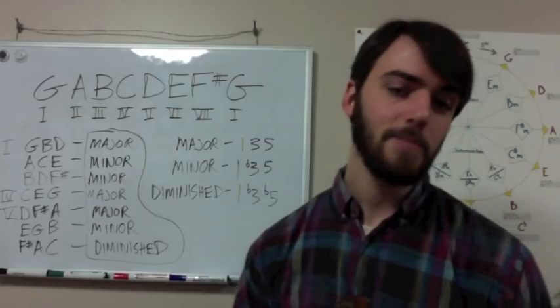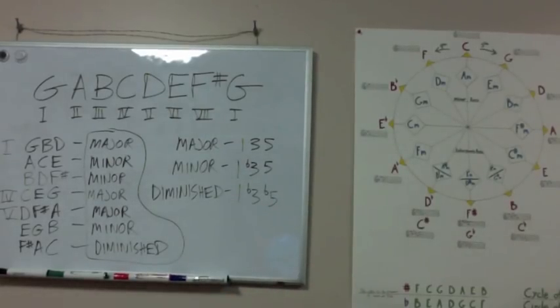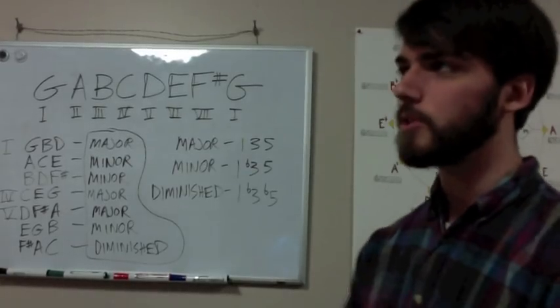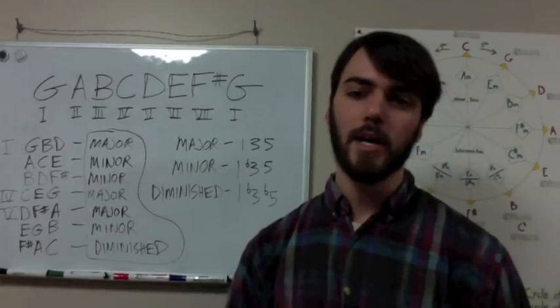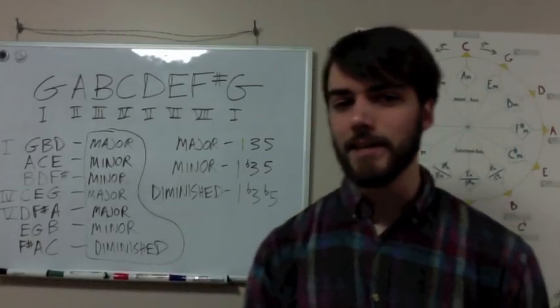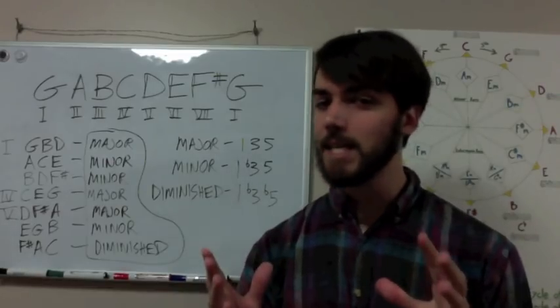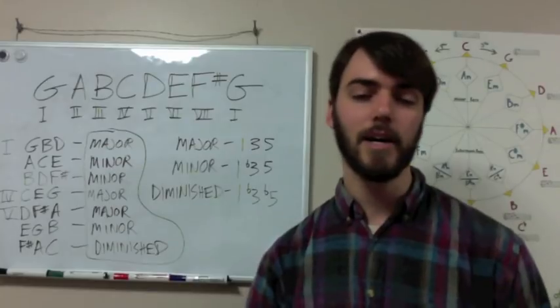So, in summation of all 5 of these lessons, what I want you to be able to do, what I think is valuable for all musicians to do, but specifically geared toward guitarists, is to understand the concept of a key, which is code name for a major scale.